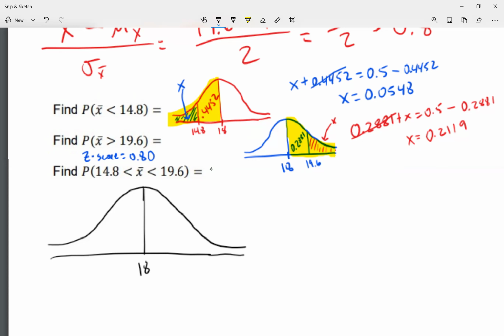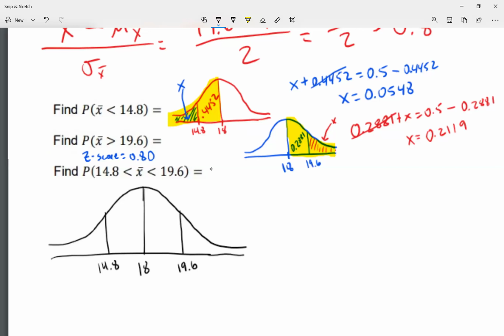So let's just say that 14.8 is here, and 19.6 is about here. It is not drawn to scale, okay? I just put 14.8 to the left of 18, and 19.6 to the right of 18. I just put them in order.